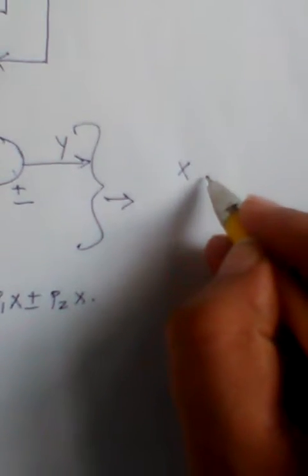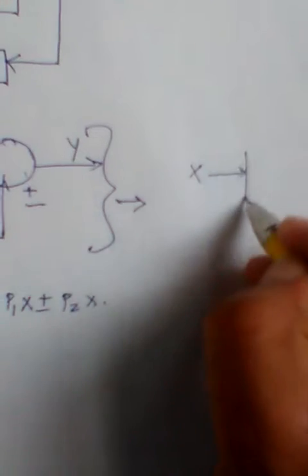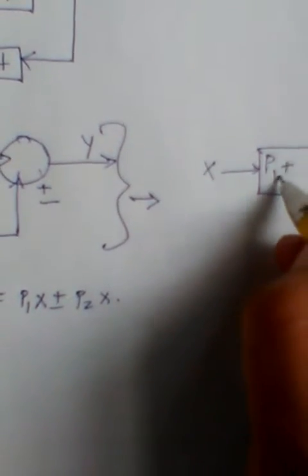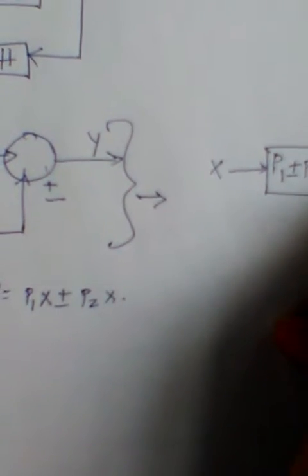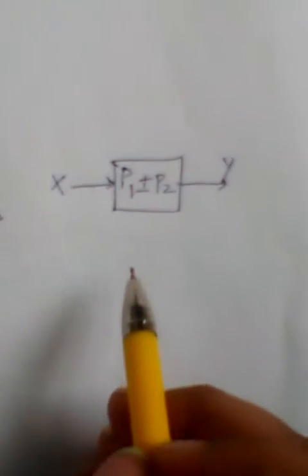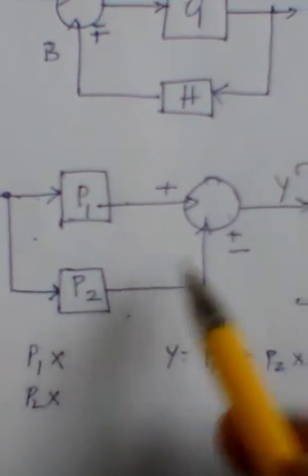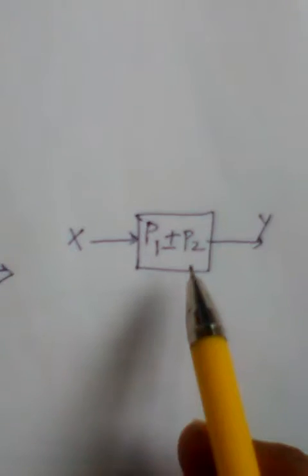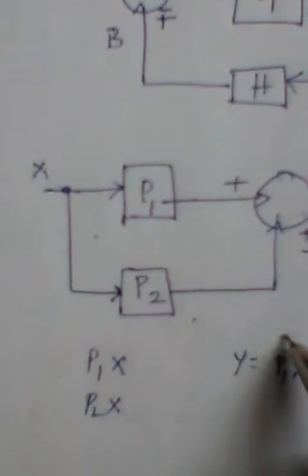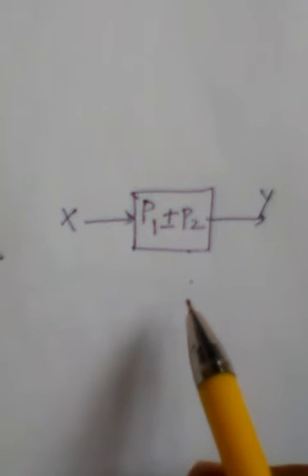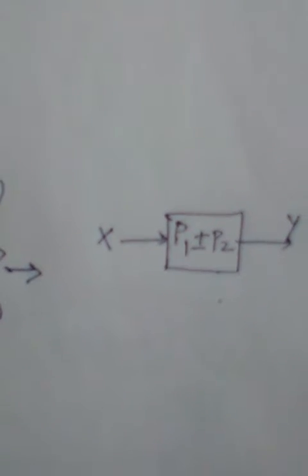I have the incoming signal x, then I have the block as p1 plus or minus p2, which is going to give y. This is the representation of the control system from the unit system level to the block system level. So this is a unit system level, this is a block system level. You can see this is called as a block transformation of control system.